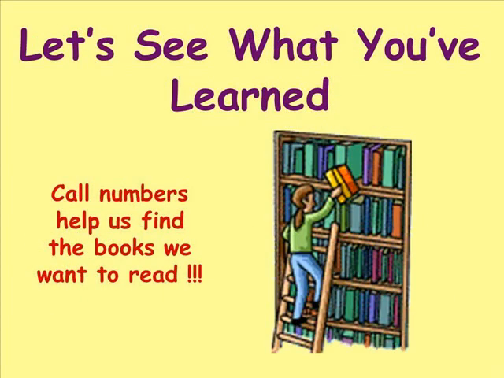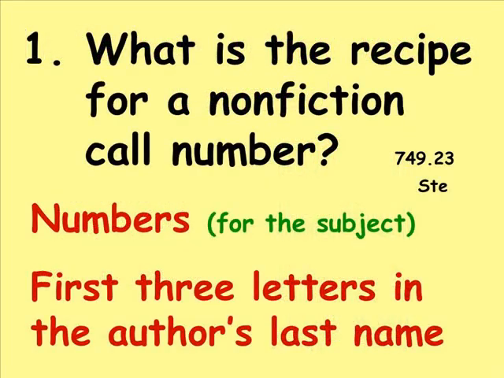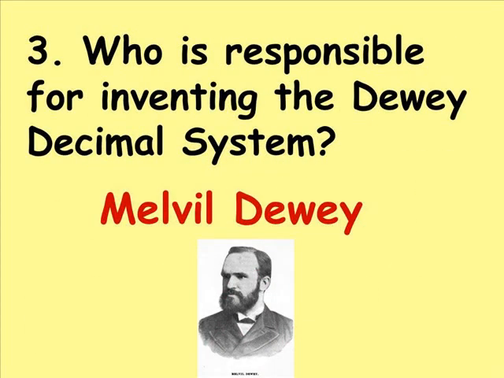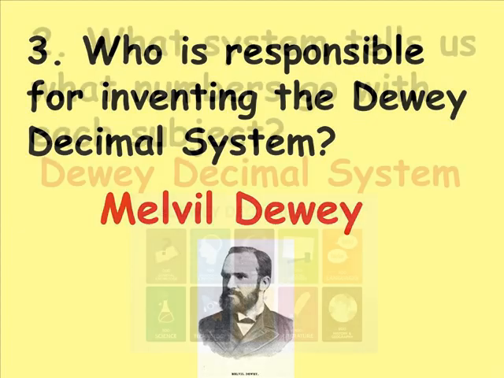Let's see what you've learned. Call numbers help us find the books we want to read. What is the recipe for a non-fiction call number? Numbers for the subject, and then first 3 letters in the author's last name. Who is responsible for inventing the Dewey Decimal System? Melville Dewey.